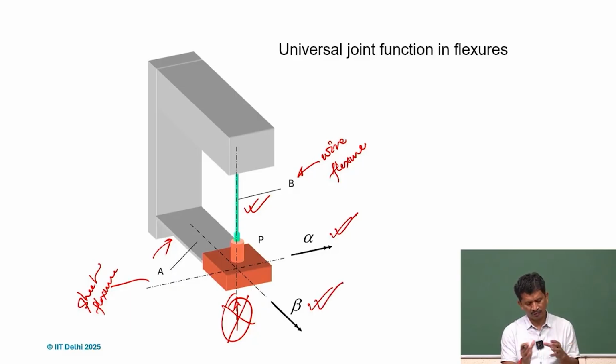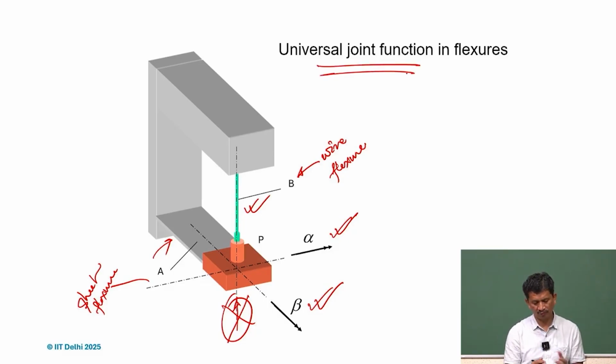Again, just by putting together different kinds of flexures, understanding the compliance and the constraint directions, we can effectively combine them and get a different kind of flexure. So here it will be more like a universal joint.